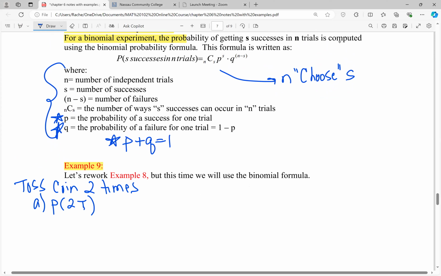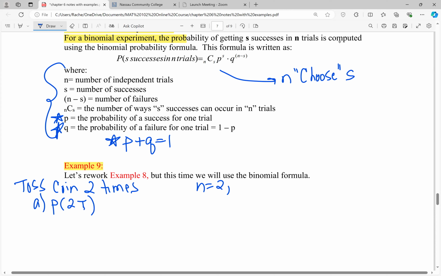So before we plug into the formula, we have to know what N, P, Q, and S are. N stands for the number of independent trials. In other words, how many times are we tossing the coin? In this case, N is equal to 2 because we're tossing the coin twice. Now, a success is, what do we want to try to calculate here? In this case, it's the probability of 2 tails. The characteristic is being a tail.